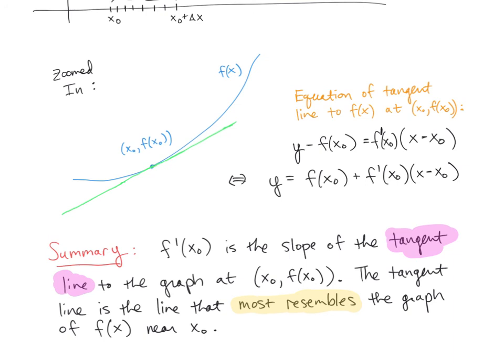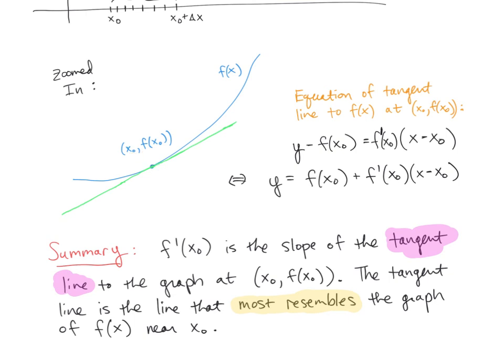If we chose any other line other than this tangent line, it would go off at a weird angle to the graph. But among all the possible lines you can draw through this point, this is the unique line that goes off at the same angle as your function f of x's graph. And so it most resembles the graph of f of x near this point x naught.